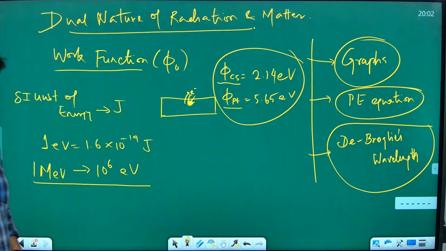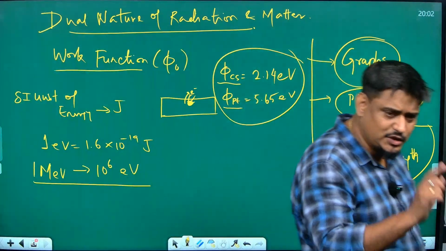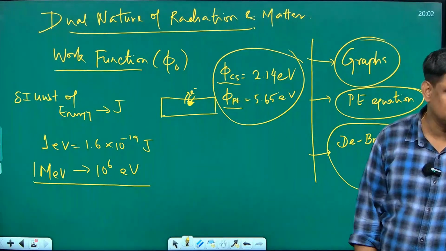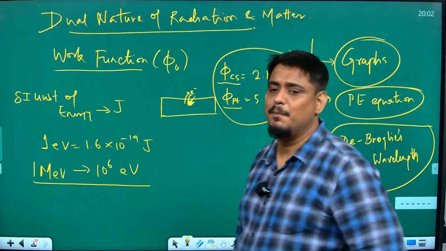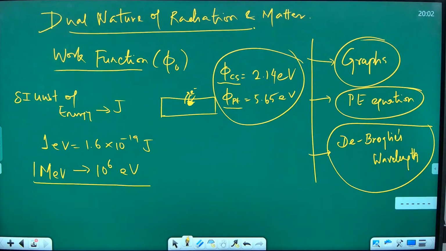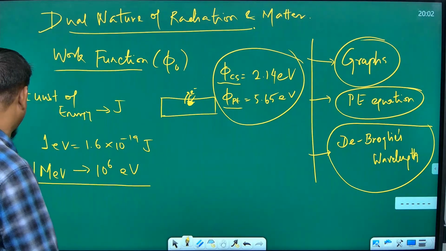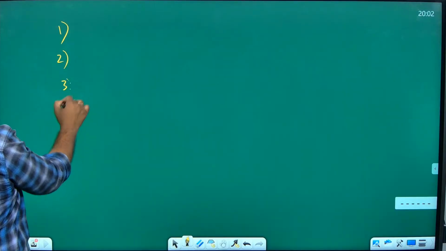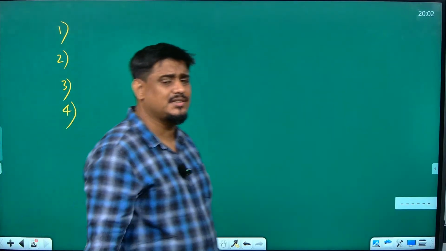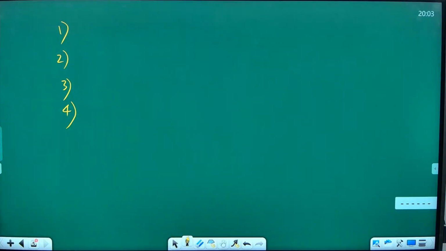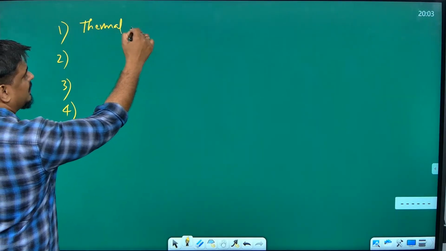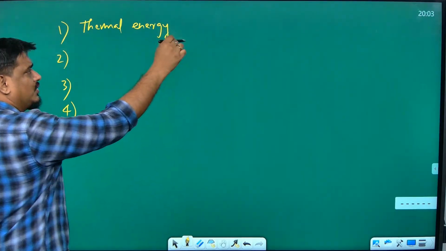Now I spoke about ejecting of electrons, and that to eject an electron you have to supply some energy to it, isn't it? Give the next heading as methods of electron ejection. How to eject the electrons. There are many ways. The most simple way can be using thermal energy.